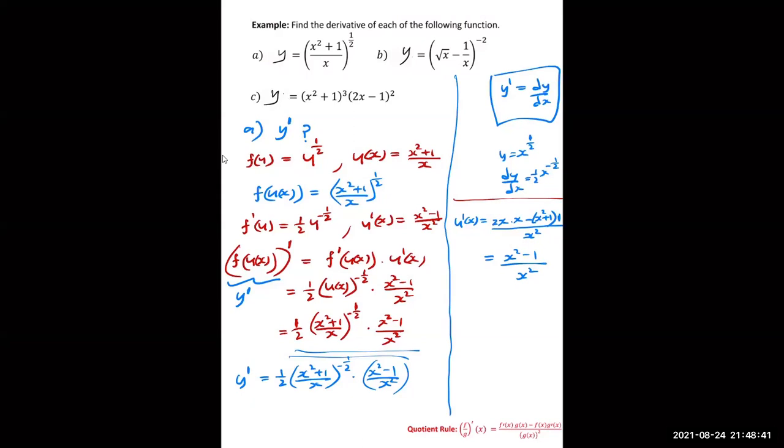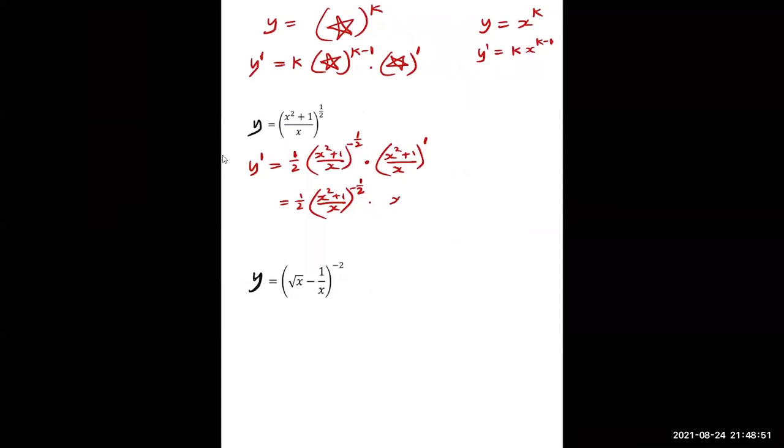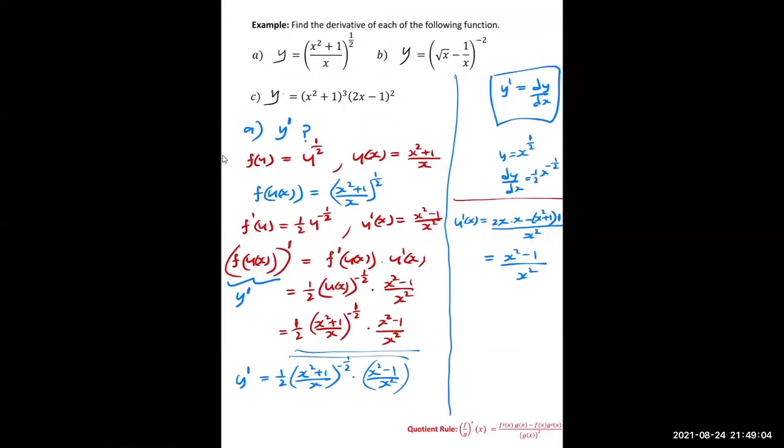You applied the quotient rule: x squared minus 1 divided by x squared. So let me put that here. Done. As you can see, you get the same answer using both methods, the shortcut and the actual chain rule. See, these answers are the same.